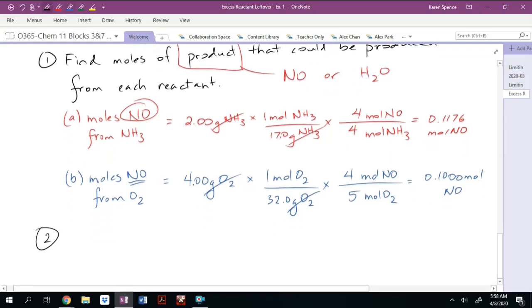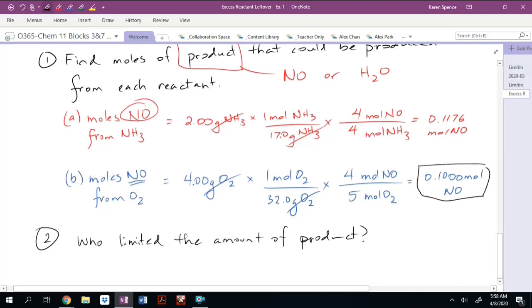And our second thing that we do to find a limiting reactant is we say, who made the smaller amount of product? Who limited the amount of product? That's going to be the one that made the smaller amount. And who made the smaller amount?